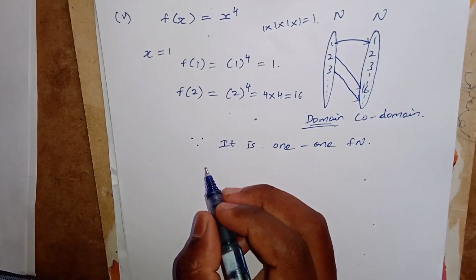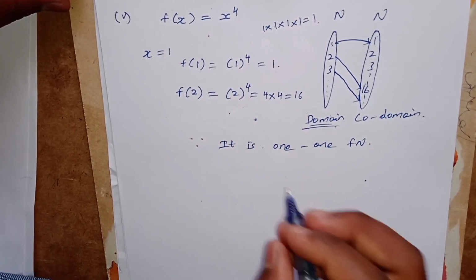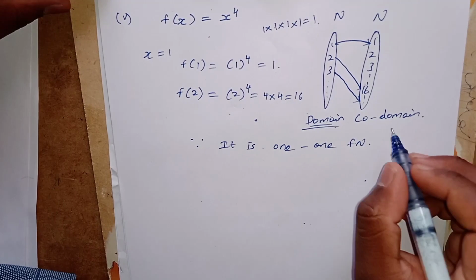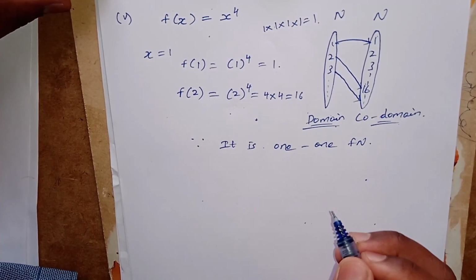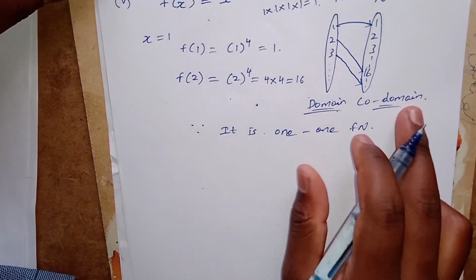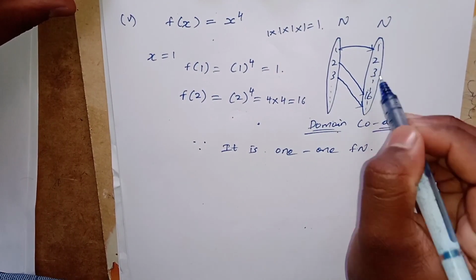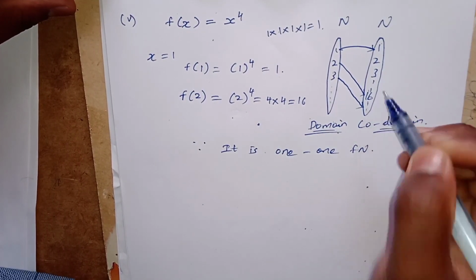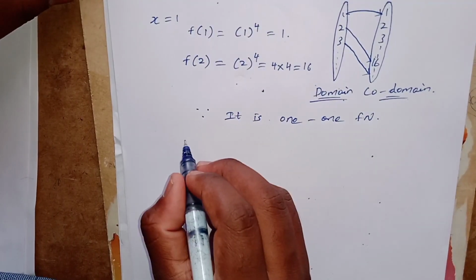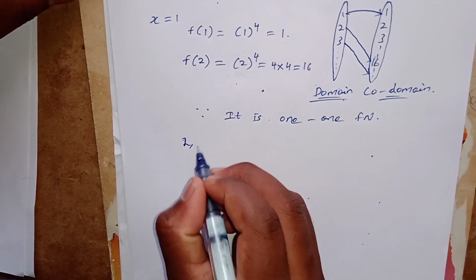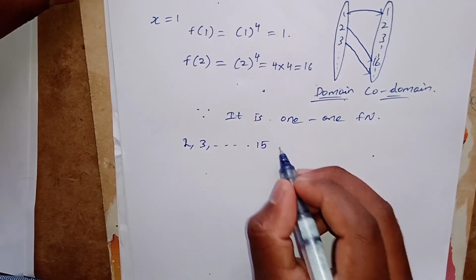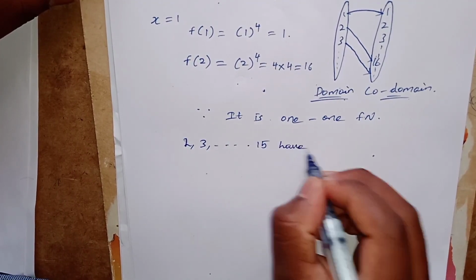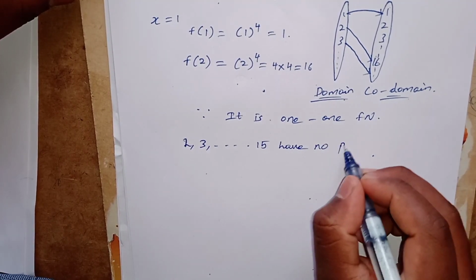Next, checking whether it is an onto function. For checking onto, you have to see the codomain terms. In the codomain, 2, 3, up to 15 have no pre-image.